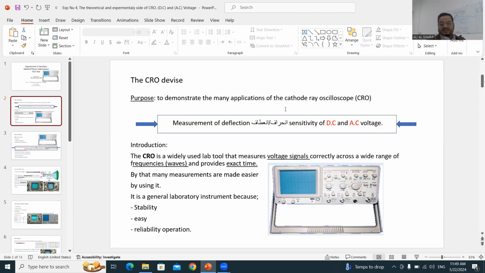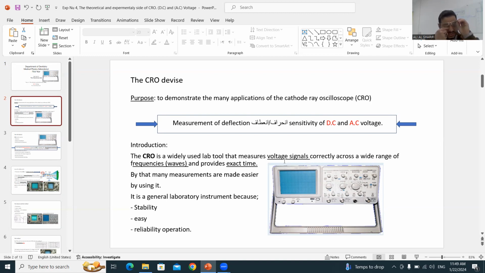Let's take an idea about the introduction of this device. The CRO is a widely used lab tool to measure voltage signals. By using it, we can take voltage signals from a lot of frequencies and waves, because one of its advantages is that it works correctly across a wide range of frequencies, at a specific time.